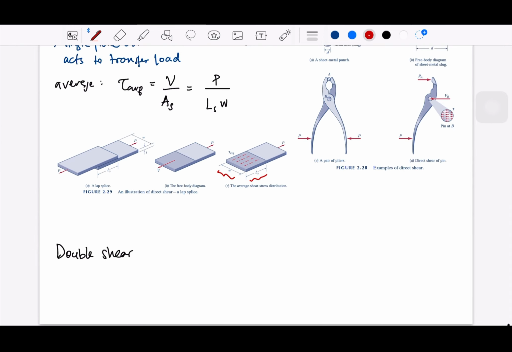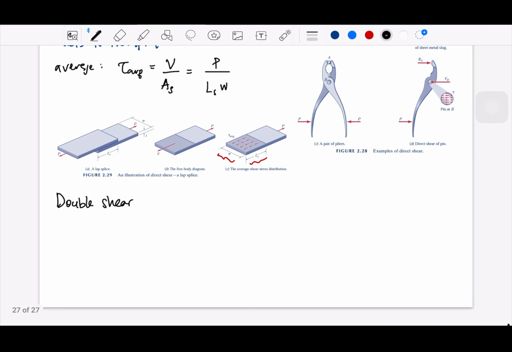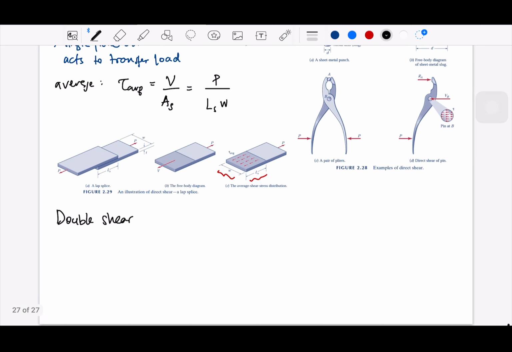Okay, now to understand the double shear, I forgot to bring the picture, so let me illustrate.